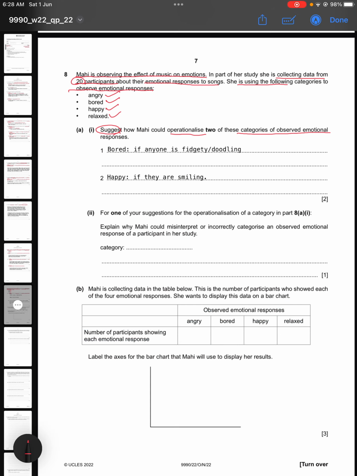And then in part 2, what you have to do for one of your suggestions for the operationalization of category in part 8A1, explain why Mahi could misinterpret or incorrectly categorize an observed emotional response of a participant in her study. So you need to use the ones you have written over here. So out of bored and happy, let's say I'm using happy.